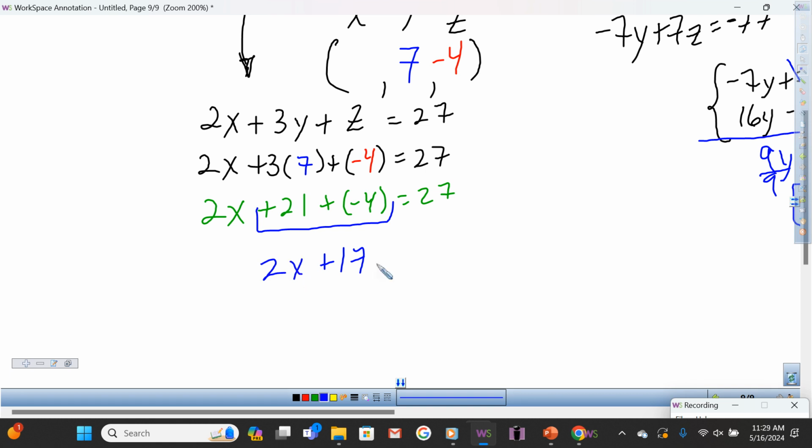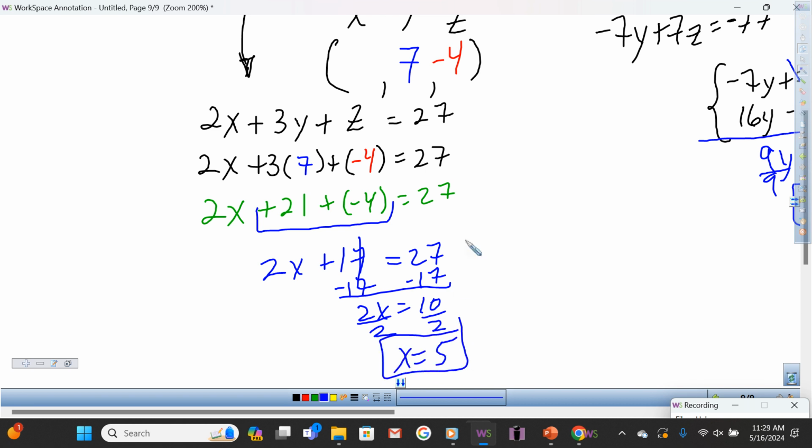Bring down the 2x. Bring down 27. What else? Minus 17, 2x equals 10. Divide by 2, x equals 5. And this is my solution.